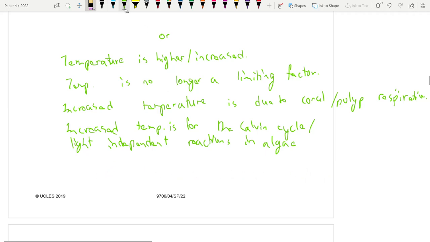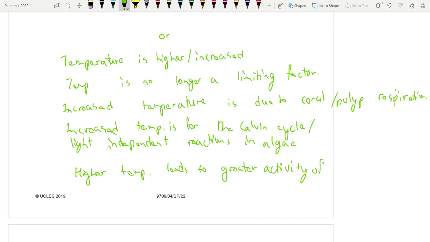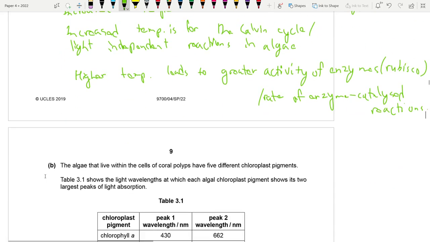So temperature is always linked to enzyme activity, right? So higher or increased temperature leads to greater activity of enzymes. Basically, we can talk about Rubisco, or you could say that it leads to greater rate of enzyme catalyzed reactions. Okay, that is all.